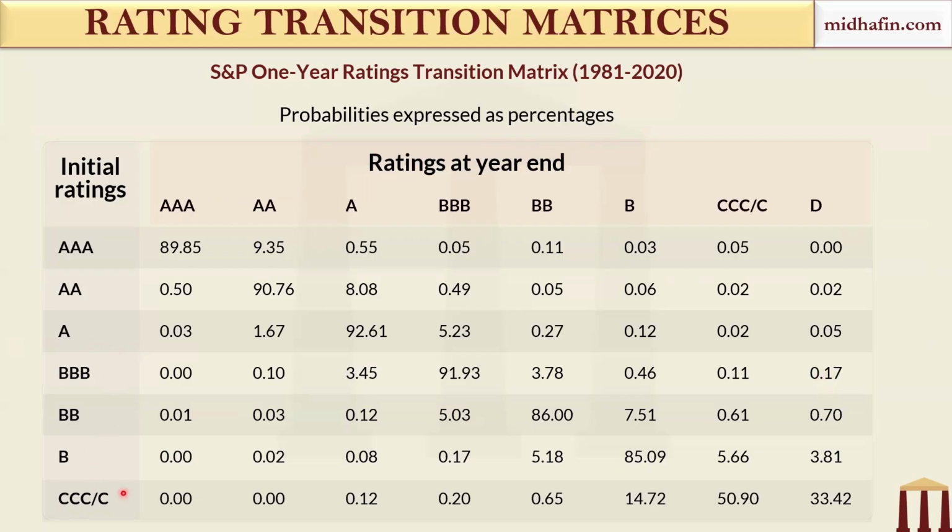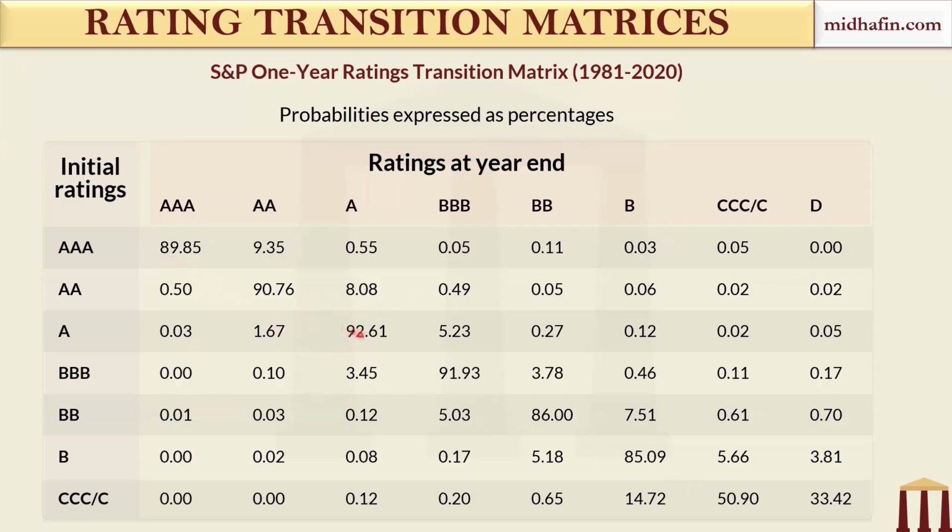Okay, and of course, if you look at speculative bonds, say if you look at this extreme, the triple C one, only about 51% stayed in the triple C category. So you can see if you analyze these diagonal elements, the percentage of these diagonal elements is the highest, of course, among all the cells, across rows and columns.